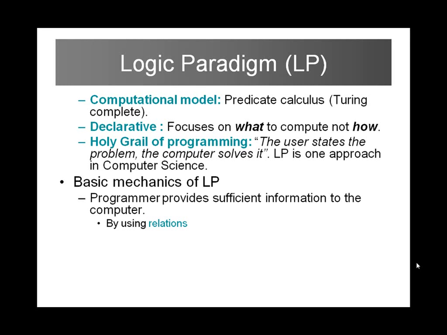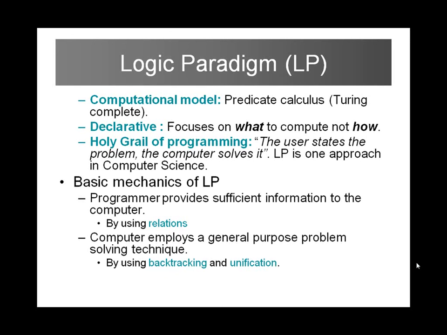The way we provide information to the machine in this logic paradigm is using the concept of a relation. So relations are our way to express information or describe information which is then consumed by the machine. And since you're not specifying the steps used for computing the end result, the machine needs some algorithm to go ahead and compute the value.